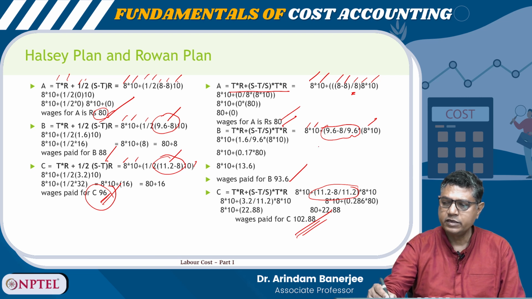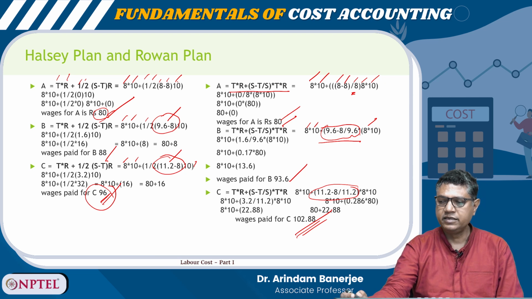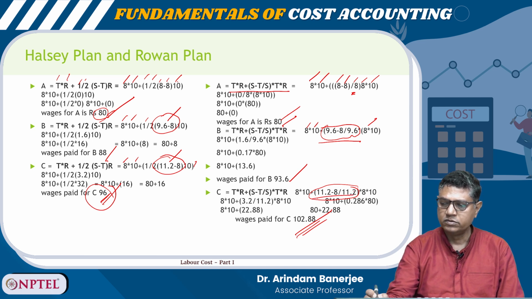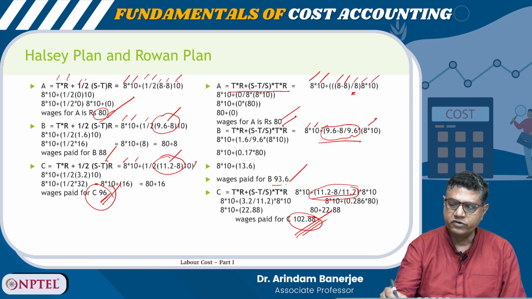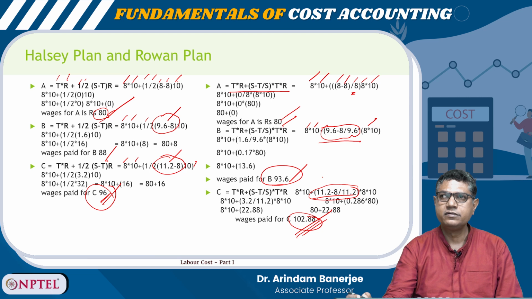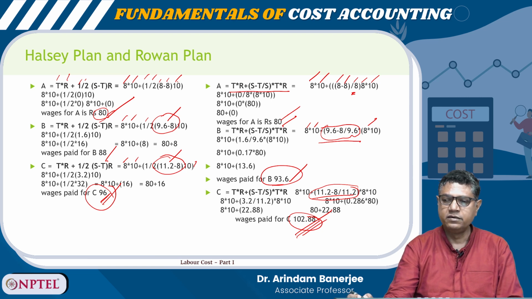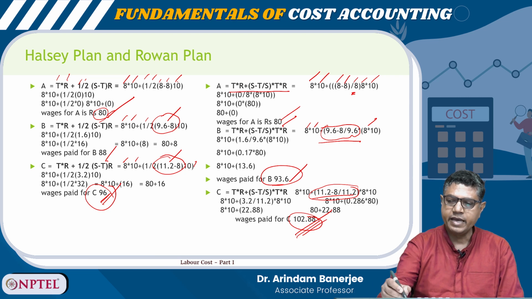Here it is 9.6 minus 8 divided by 9.6 into 8 into 10, right, and for C it is 11.2 minus 8 divided by 11.2, right? So, we can see here it is 102.88, right? The incentive paid to C, 93.6 to B, and 82.